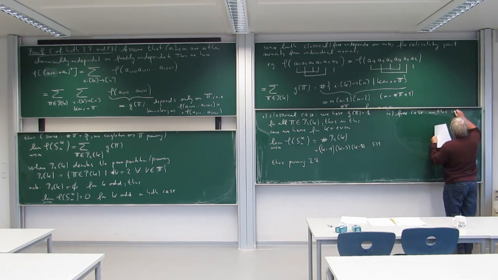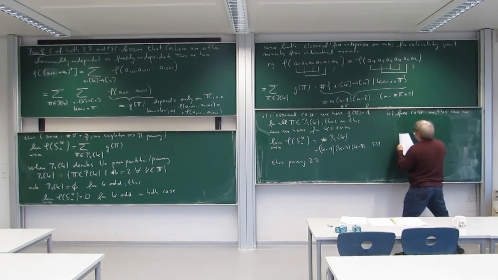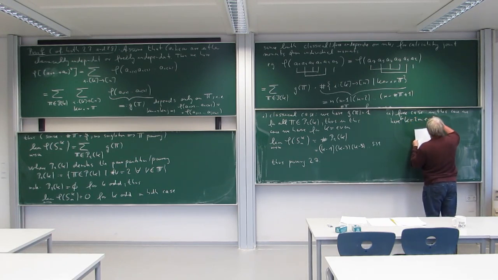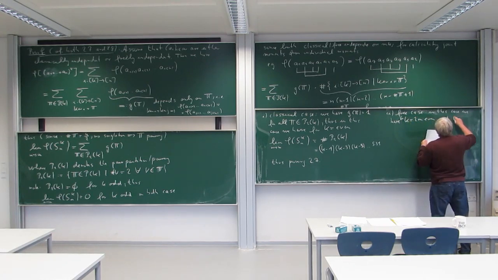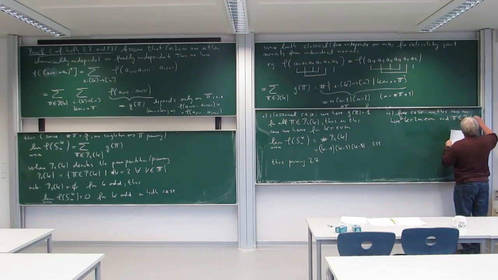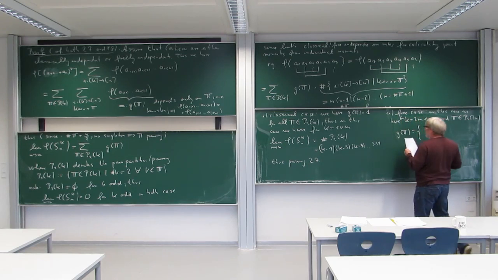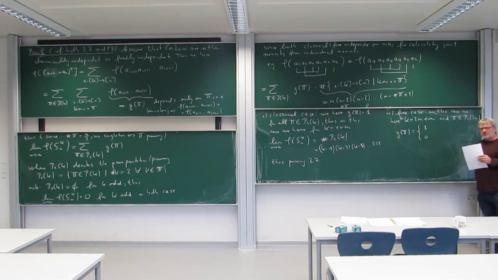So in this case, for, let's say, the case of an even number, and pi a pairing of this even number, g of pi takes on only 2 values, namely 1 and 0, and this distinguishes exactly between the non-crossing and crossing partitions.